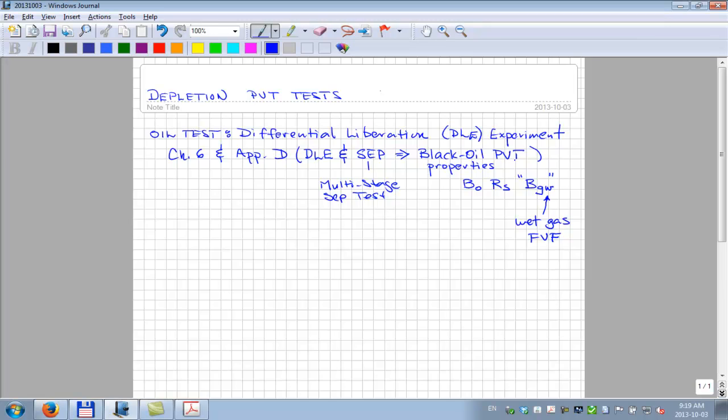So combining the differential liberation test data and the separator test data, and really this is the way it's done, it's being combined to calculate these three properties, which is called the not simplified, but the traditional black oil PVT properties.